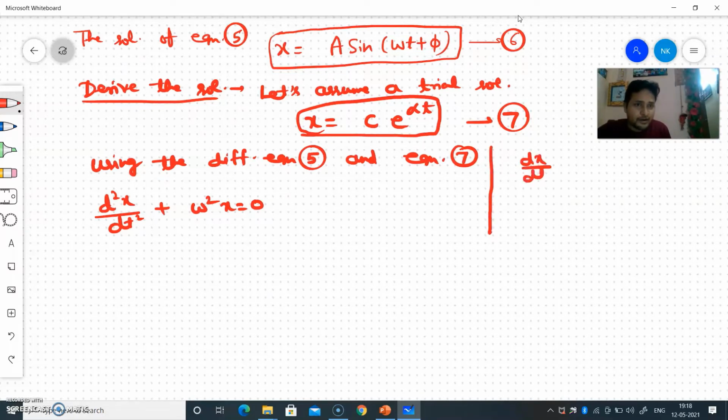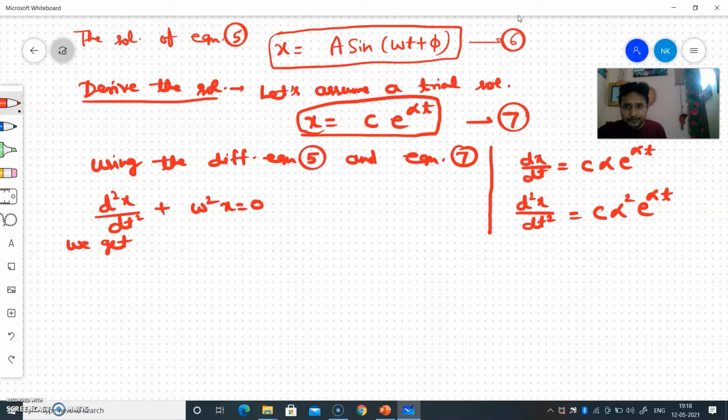So dx by dt is c alpha e to the power alpha t, and what is the second derivative? d2x over dt square is c alpha square exponential alpha t. So I want to put the values of d2x over dt square and x in this equation.